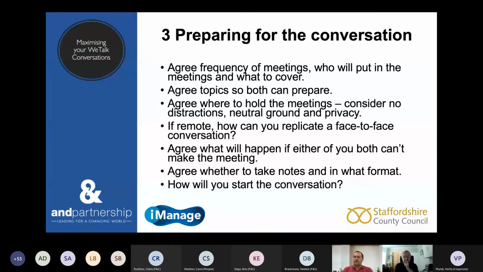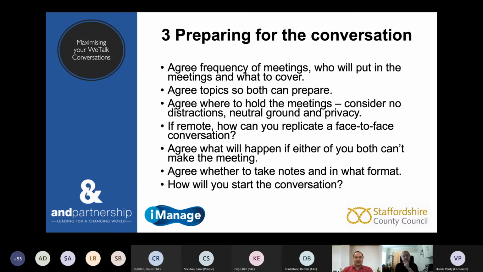It goes a little bit back to Dave's point when he talked about transactional analysis and the parent, adult, and child conversations, because what you don't want to do is act as the parent as a leader and the colleague as the child, saying we're agreeing it's got to be monthly, I'm going to put the meetings in, this is what we're going to cover.